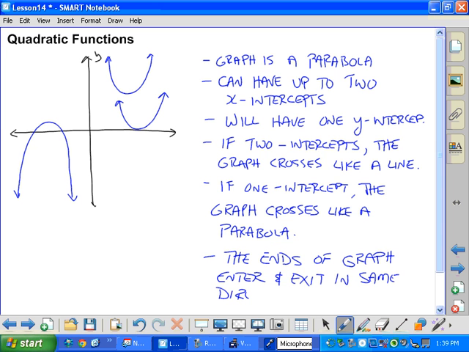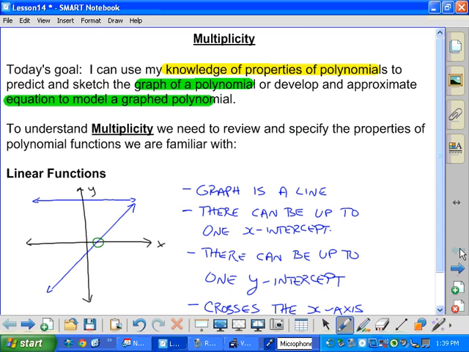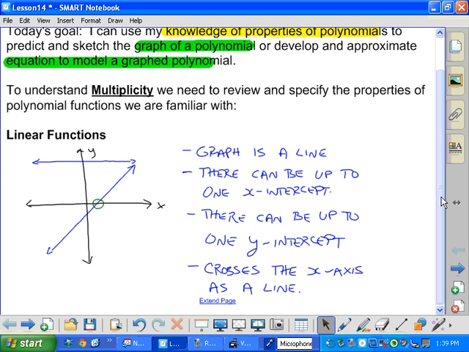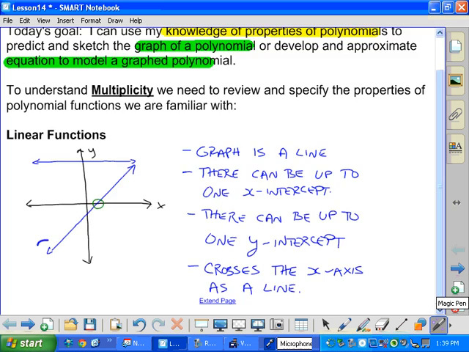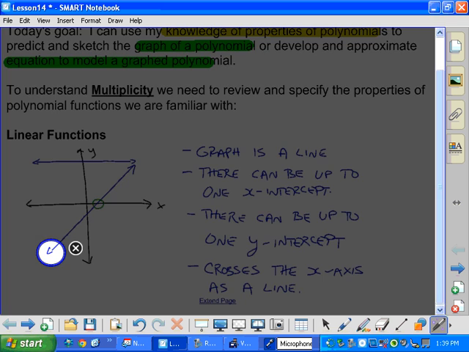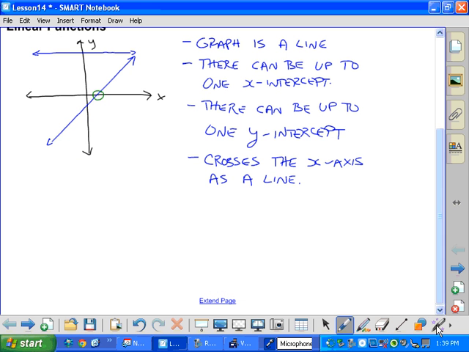So now I'm going to go backwards, and we're going to add one more property to the linear one from above, because with it, no matter which one I did, it enters and exits in opposite directions. So it came in from the bottom, exits the top. Okay?